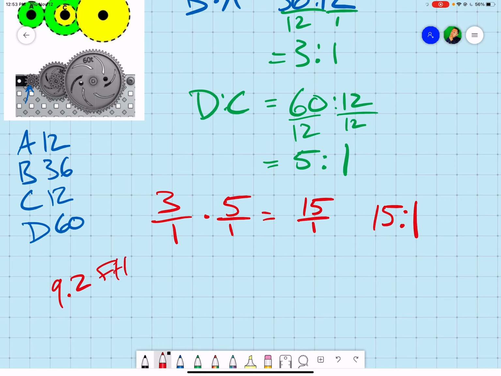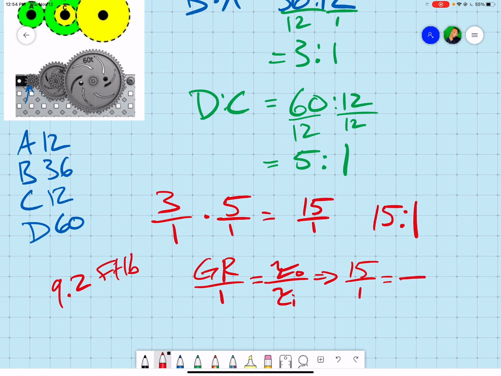Gear ratio is equal to torque output over torque input. So my gear ratio is 15 over 1, which is equal to my output over my input of 9.2, yours will be different.